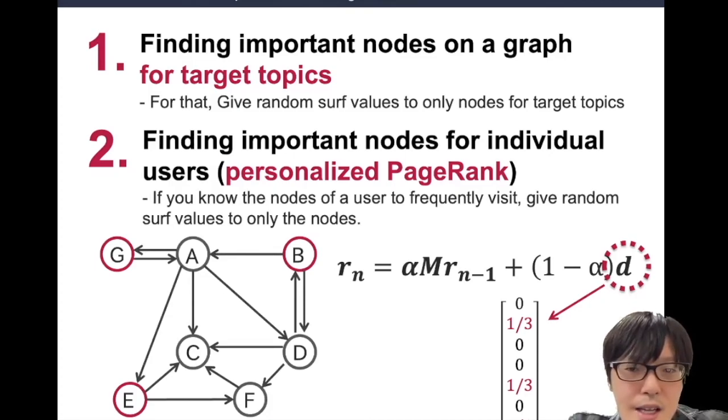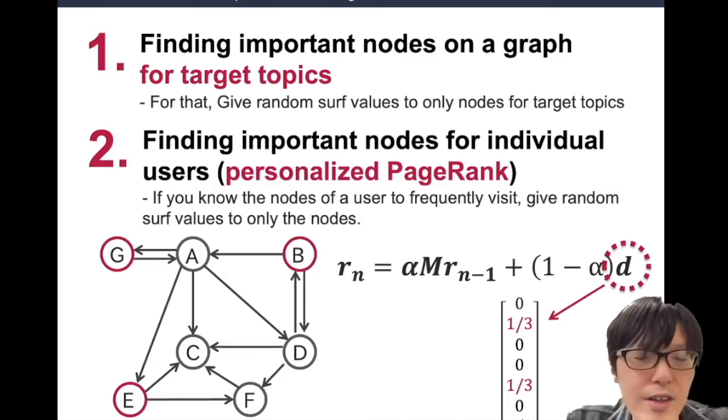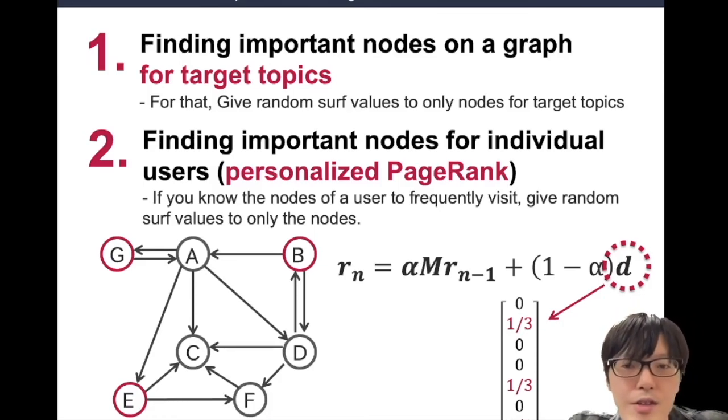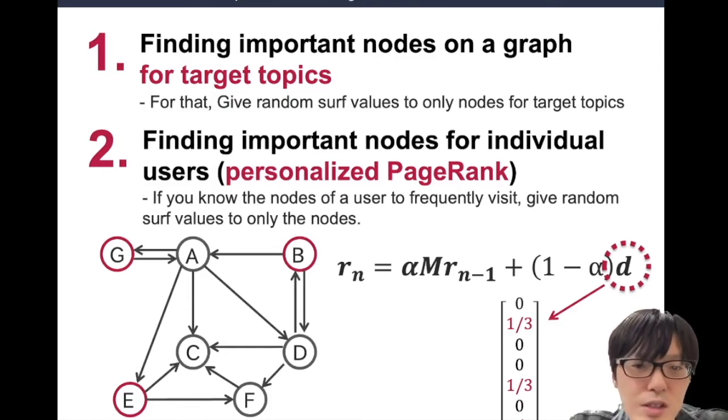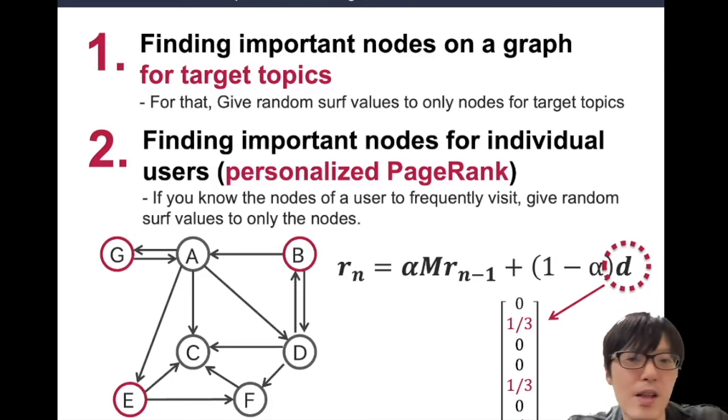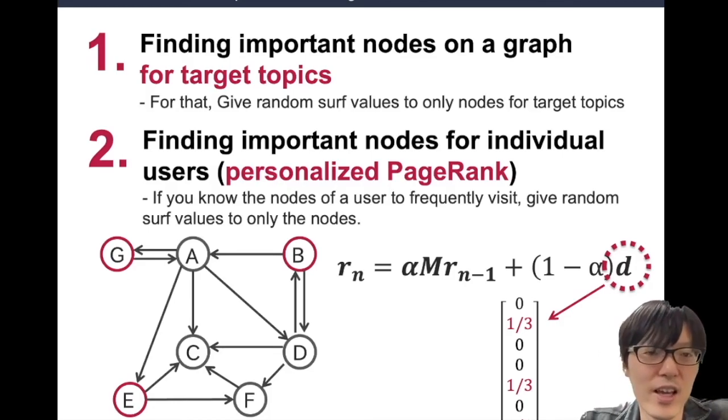This second use case is called the personalized PageRank. If you know the nodes a user frequently visits, you set the random subvector to only such nodes. Then you can calculate the personalized PageRank scores, which are optimized for the target user. That's all about today's talk contents.